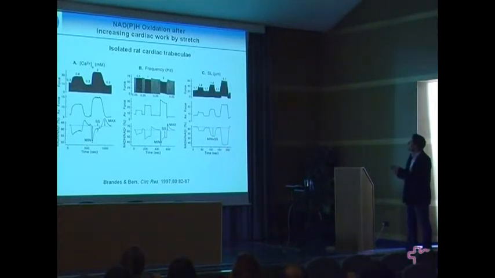Whereas if you increase calcium or the frequency, this is what we observed before, this undershoot and recovery behavior, you get an oxidation and a subsequent recovery because calcium comes into mitochondria and accelerates respiration. And here it's the frequency-dependent accumulation of calcium in the mitochondria that regenerates the redox state. Whereas here, when you only increase the workload without changing calcium, you get only the oxidation without the compensatory increase in the redox state driven by calcium.